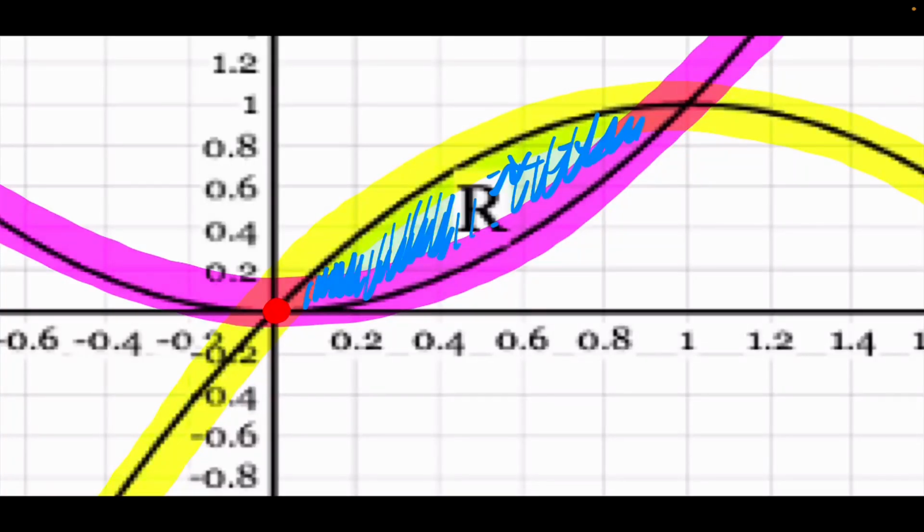So right there is one of them, right? And right there is another one. Oops, I shouldn't use those colors. Let me use a different color. I'll use white. There and there. Those are the two bounds that close off R.